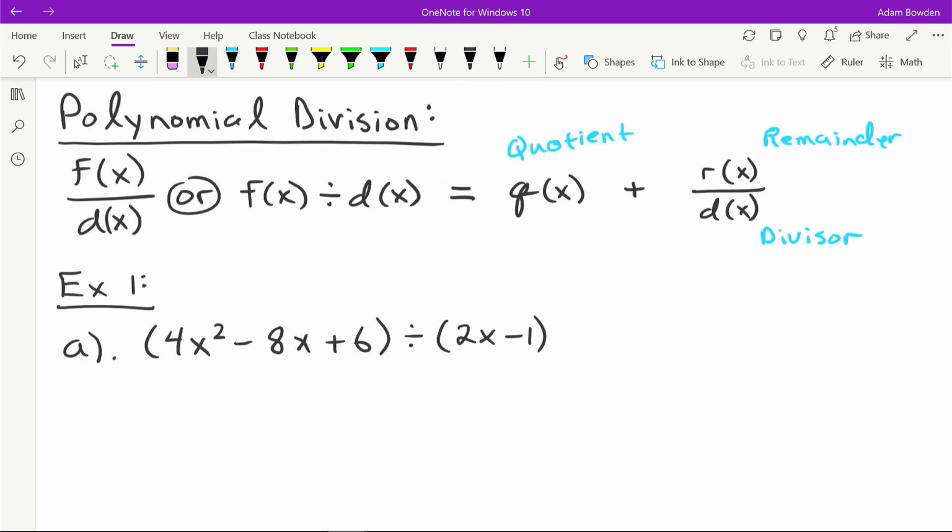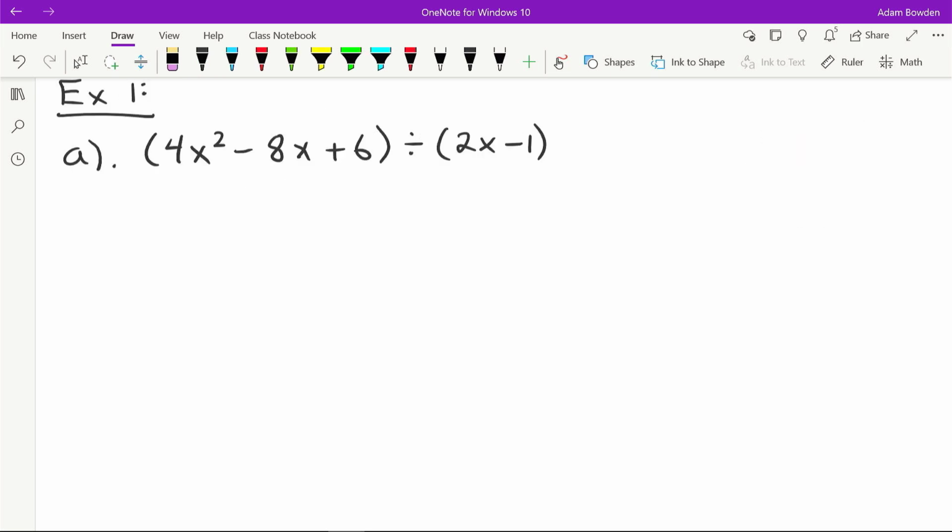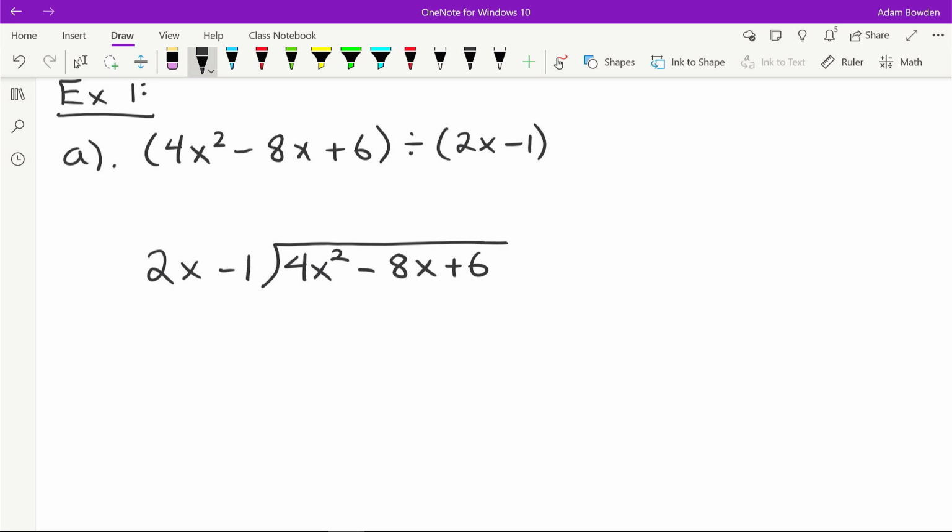So the first one I'm going to look at here is 4x squared minus 8x plus 6 divided by 2x minus 1. In long polynomial division, we'll start by writing our divisor here, and then what we're dividing into next to that, like so. And then we start looking at how we do division. To do this with polynomials, we look at the leading terms, the terms that are coming in front here.